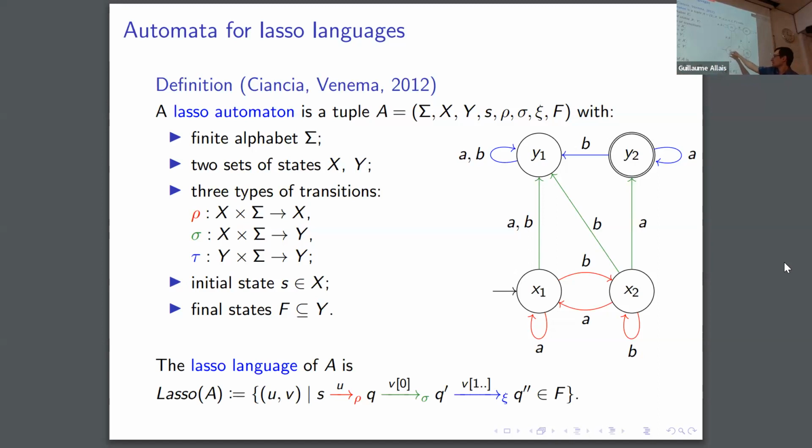We have a run starting at the initial state. We read the first component along red transitions, and then we read the first letter of the second component along a green transition, and then the rest is read along the blue transitions. In fact, these green transitions will read only a single letter every time. And then we want to end up in a final state in order to accept the lasso.